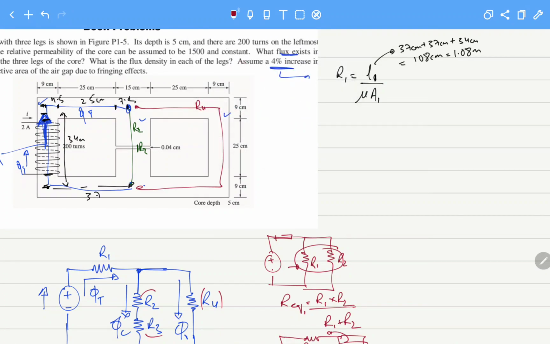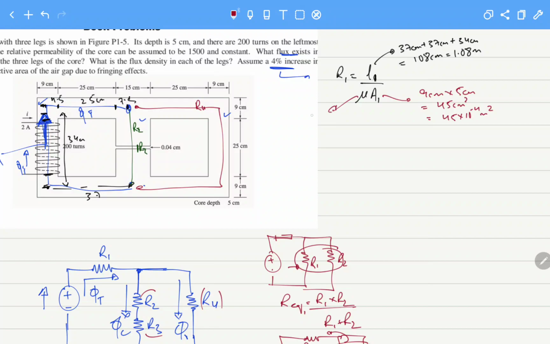The next is area. Area A1 is 9 centimeter and 5 centimeter, that is 45 centimeters square, and that will be equal to 45 into 10 raised to power minus 4 meters square.